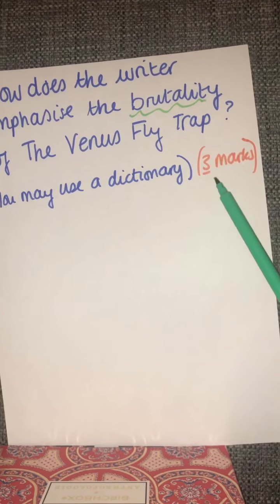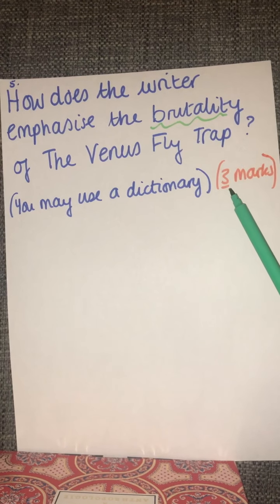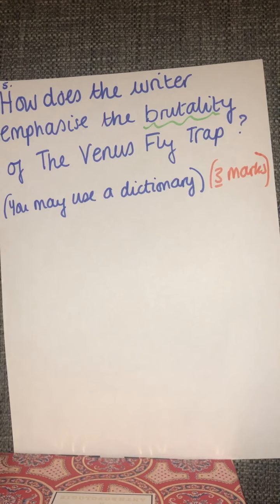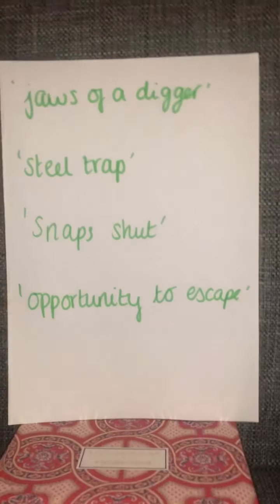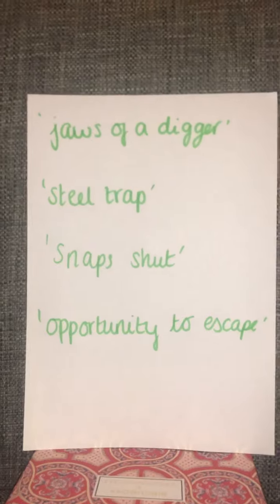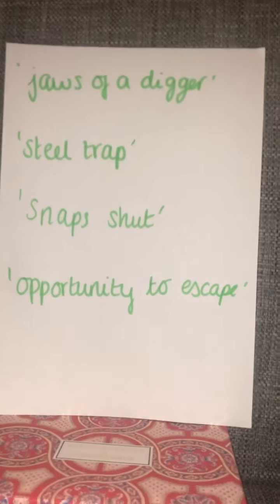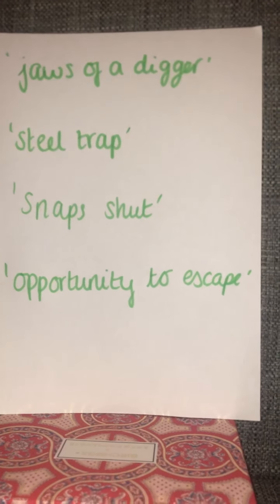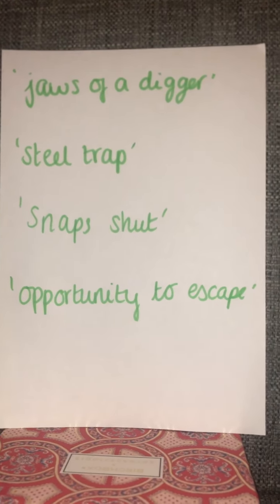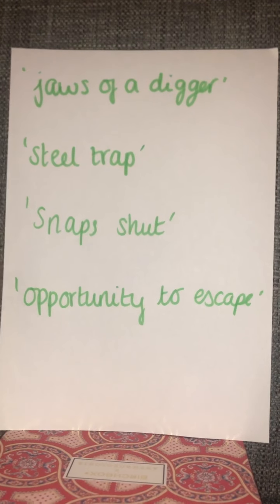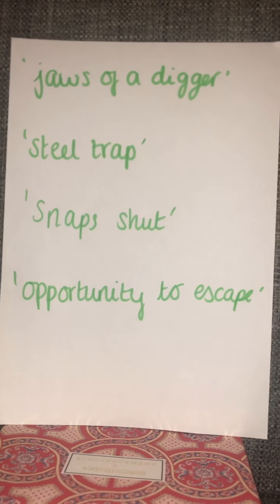Now this question is worth 3 marks, which tells me I'm going to have to do quite a lot of explaining. The way I approached this question was I read through the text again and I made a note of anything that I thought made the plant sound really brutal. So I came up with jaws of a digger, steel trap, snaps shut, and opportunity to escape.